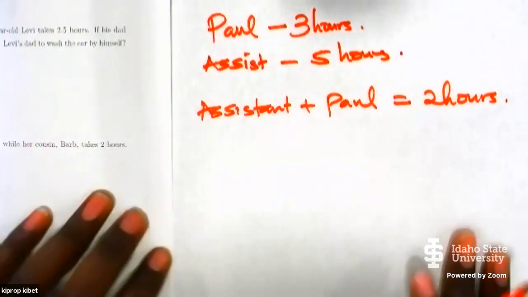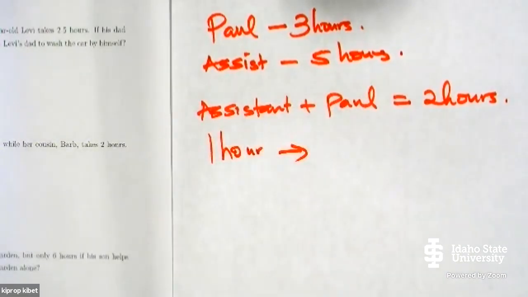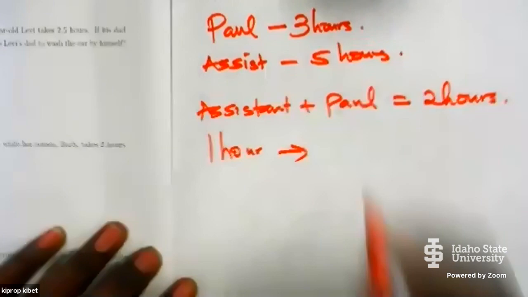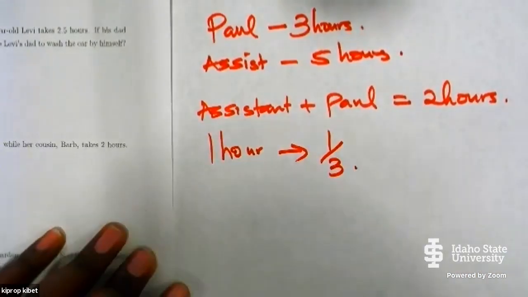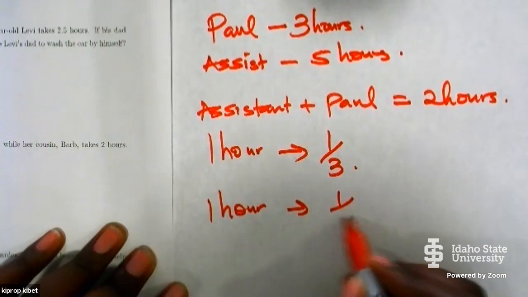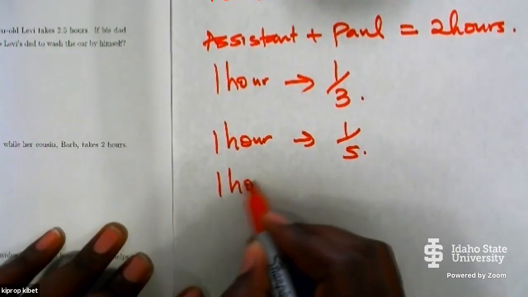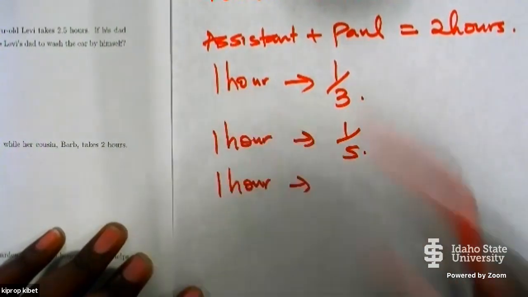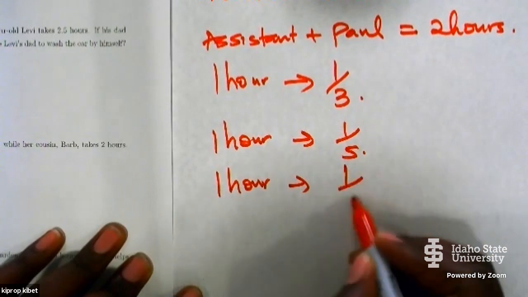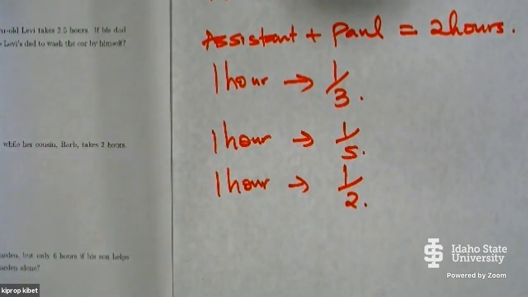Now, in 1 hour, Paul will have done 1/3 of the job, okay? In 1 hour again, the assistant will have done 1/S of the job. And then in 1 hour, Paul and the assistant will do 1 over 2.